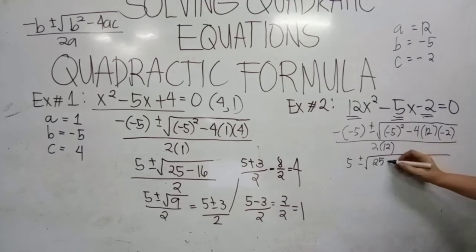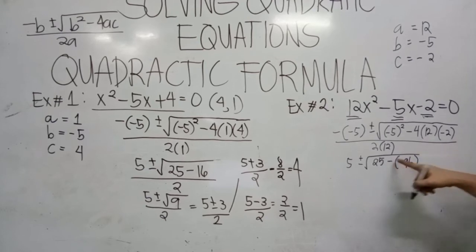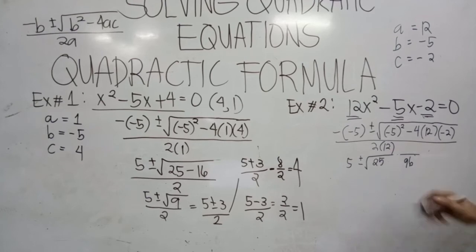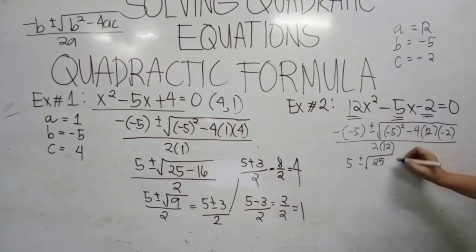Next, minus 4 multiplied by 12 gives 48, multiplied by 2 gives 96, and with the negative 2 we have negative 96. So the sign will change, because when we multiply negative by negative, it becomes positive. The negative sign disappears and is replaced by a positive. So this becomes negative 96.